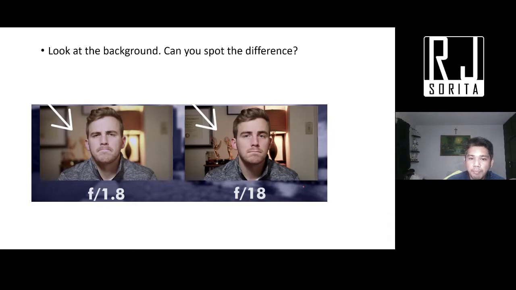By the way, the aperture is also called an f-stop. Now, levels of aperture are called f followed by the number. So look at f1.8 and then the image. Look at f18. Look at the image. Now, can you tell me what is the difference between the two photos?